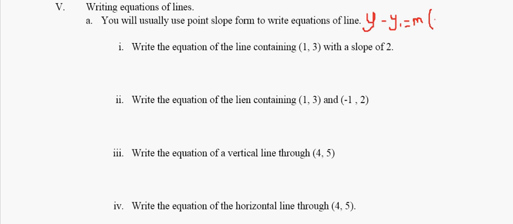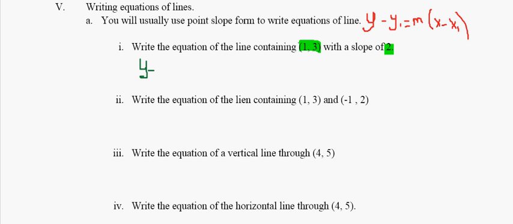It is y minus y1 equals m times x minus x1. Okay, in certain instances you won't use this equation, and I'll show you when you do not use this equation.